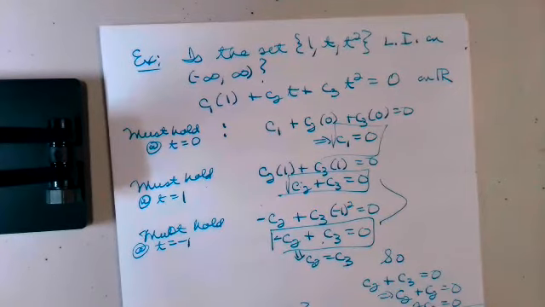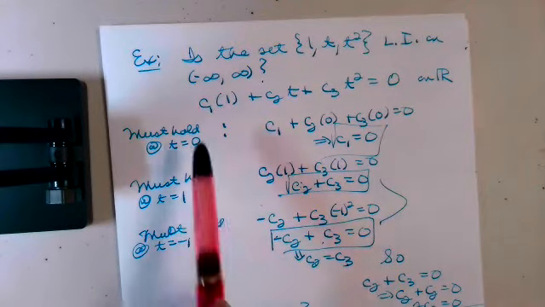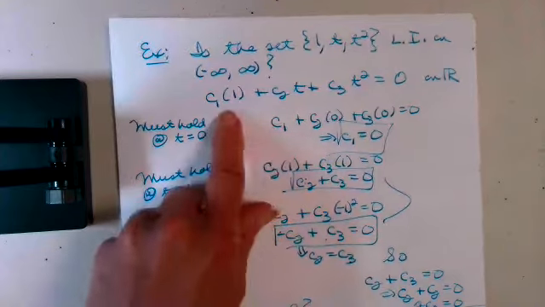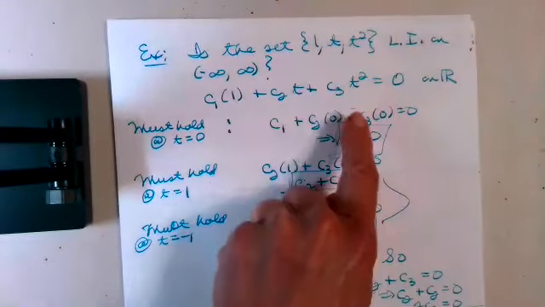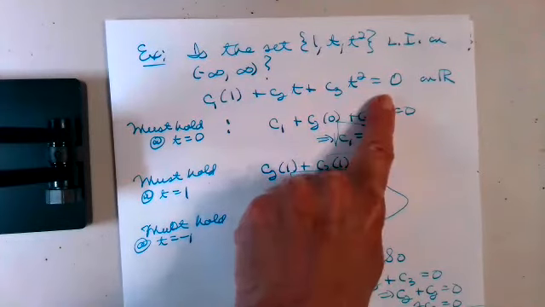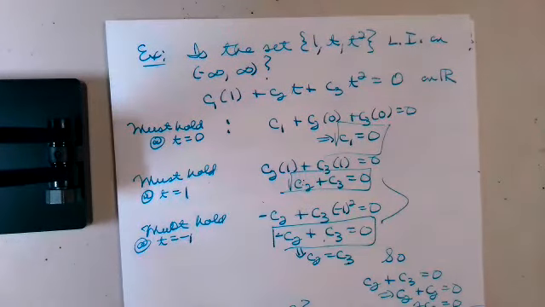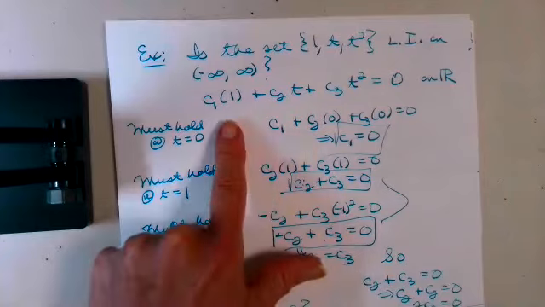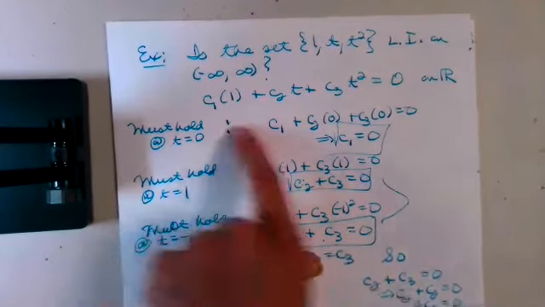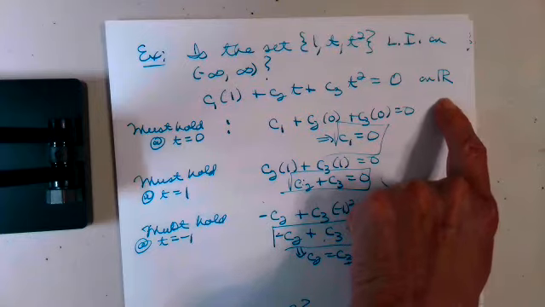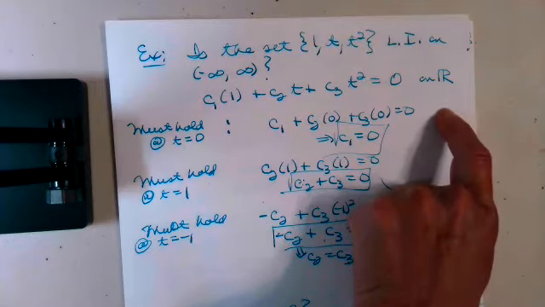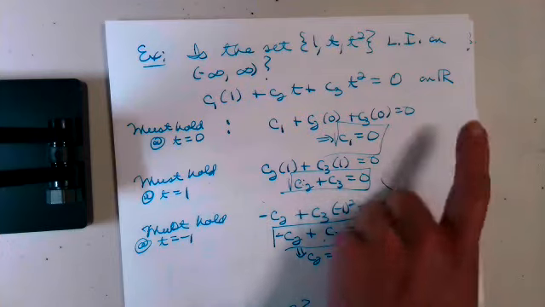How do you check that? You write down c1 times the first function plus c2 times the second function plus c3 times the third function equals 0, where c1, c2, c3 are just some constants, and this has to hold on all of R. Now you want to see whether that tells you that all 3 c's, c1, c2, and c3, have to be 0.